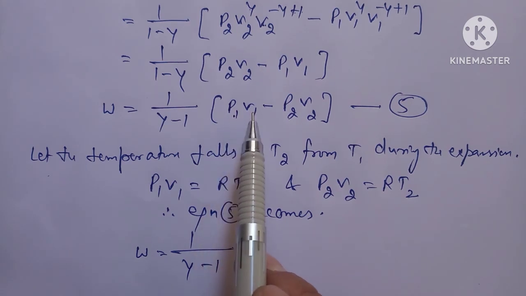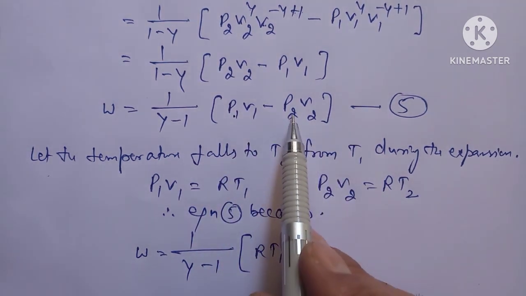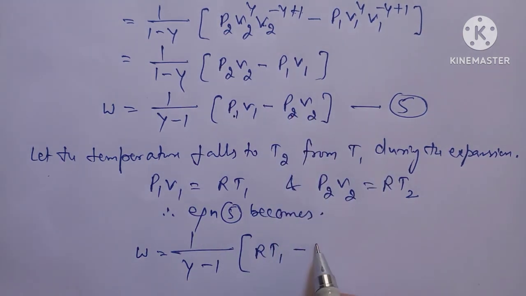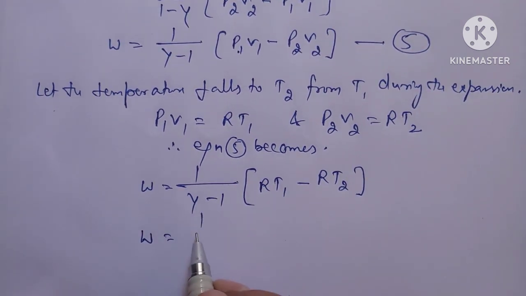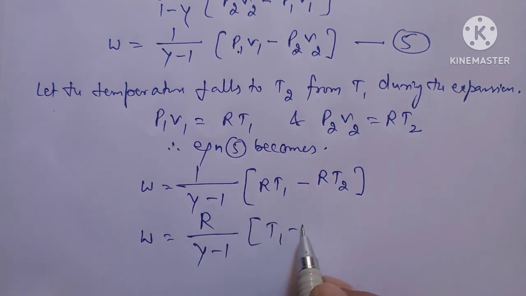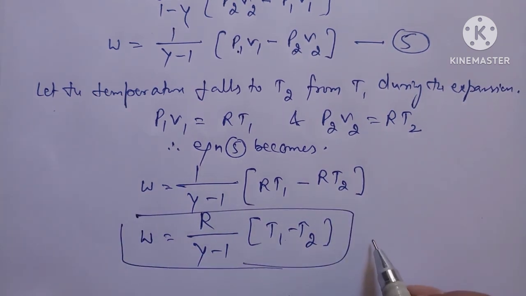Here instead of P1 V1 we write RT1, and instead of P2 V2 we write RT2. So this becomes work done is equal to R over (gamma minus 1) times (T1 minus T2). So this is the expression for work done in case of an adiabatic process.